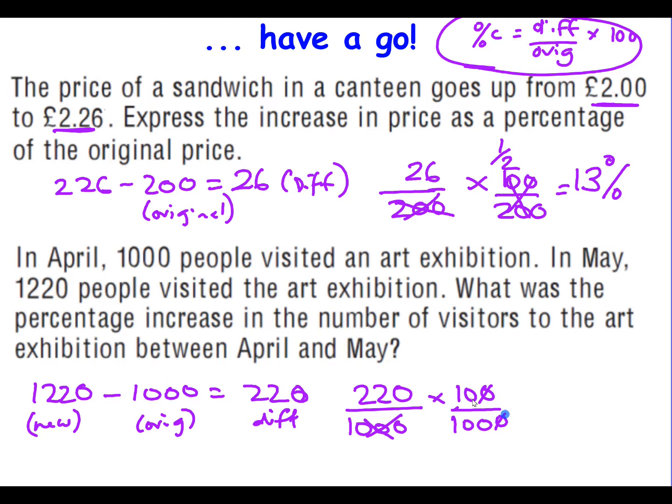And when we calculate what's left, 100 divided by 1,000 is 1/10. So the amount is 1/10 of 220. So that's essentially dividing 220 by 10, our fractions of amounts. So we end up with 22. And that is a percentage change of 22% between April and May.